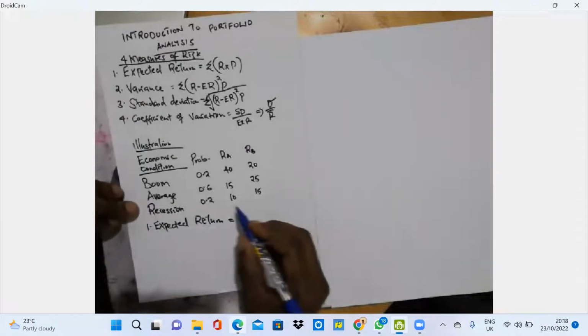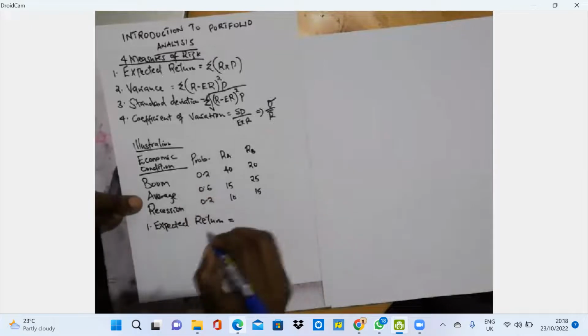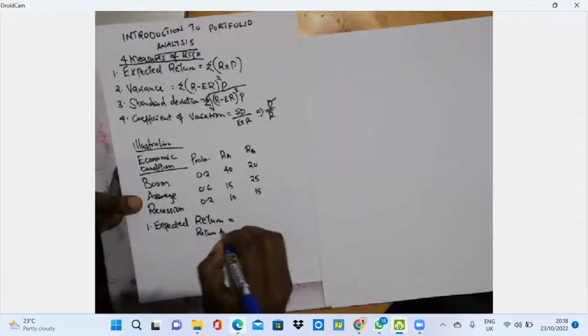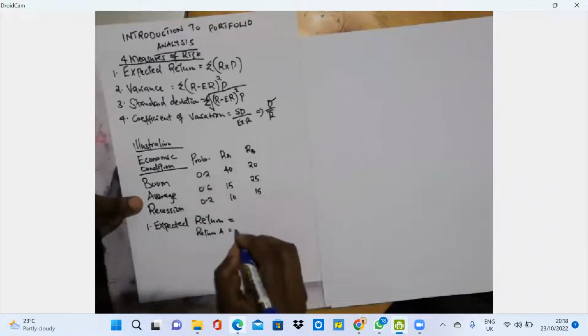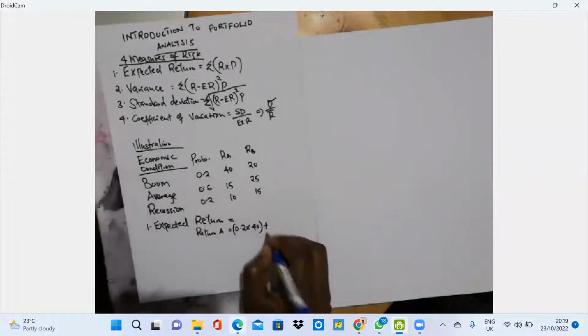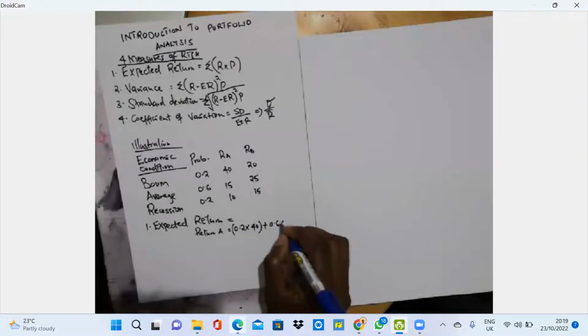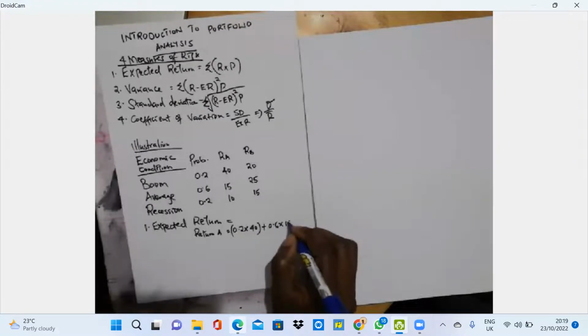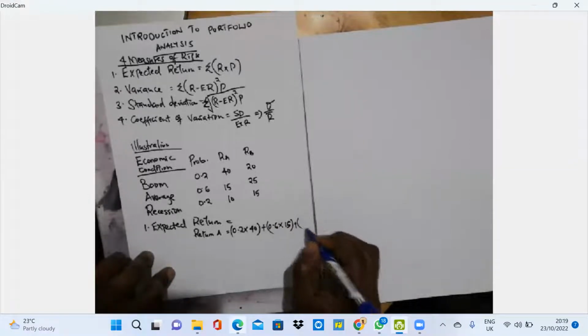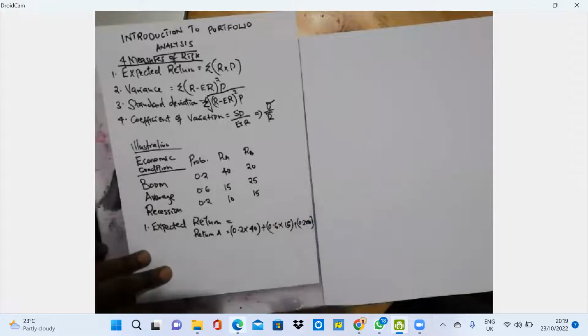So for expected return of A, you take 0.2, multiply by 40, plus 0.6, multiply by 15, then plus 0.2, multiply by 10.